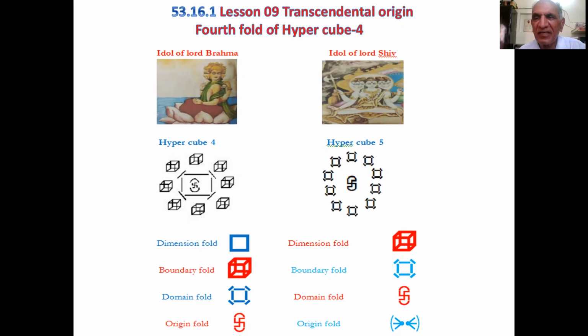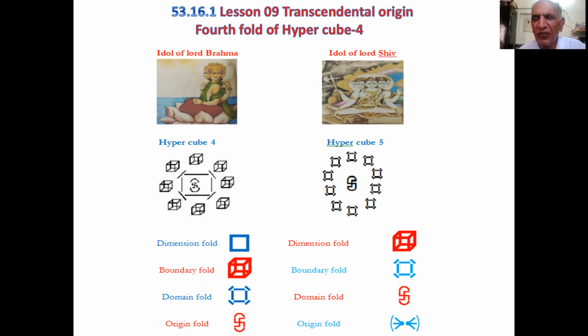manifests as the 5-space content lump domain of hypercube 5. Hypercube 5 is a fourfold manifestation layer in 4-space, and within 4-space, hypercube 5 as a fourfold manifestation layer is of solid order. 3-space plays the role of dimension of 5-space. 4-space plays the role of a creative boundary of 10 components.